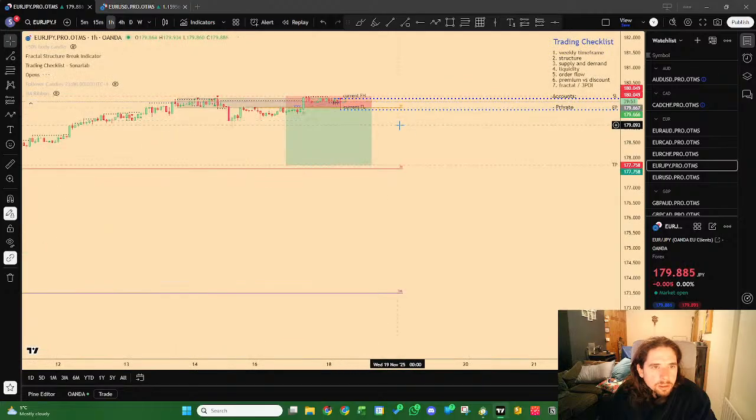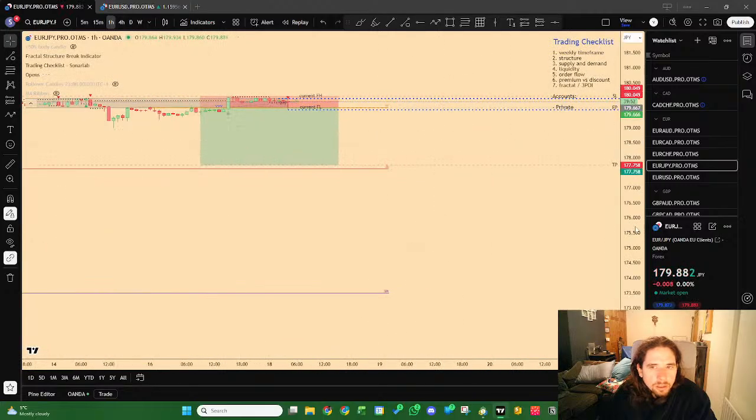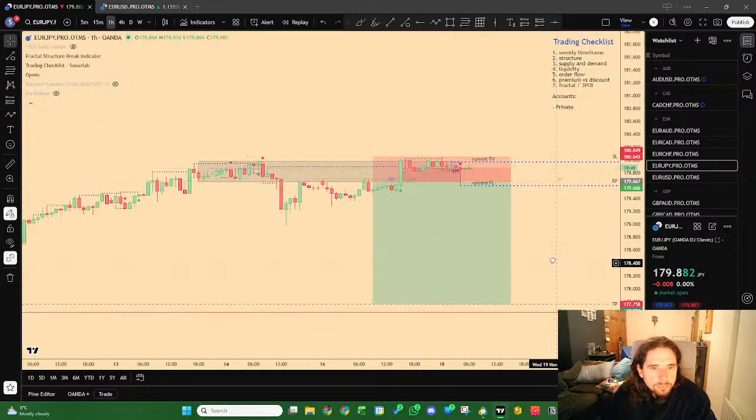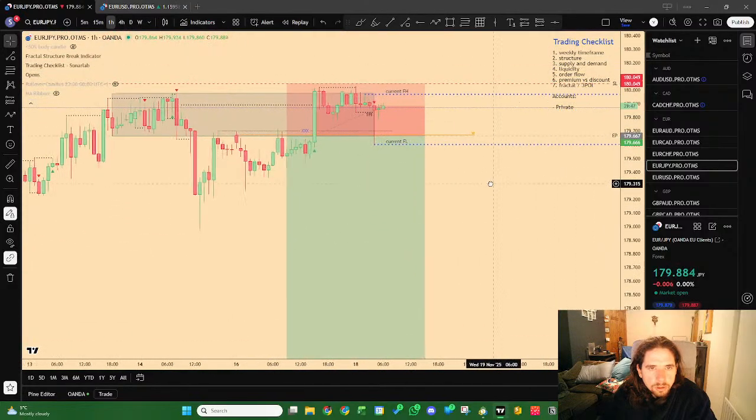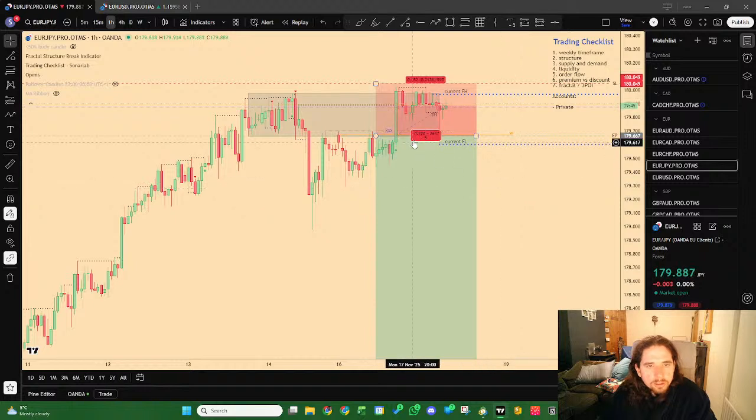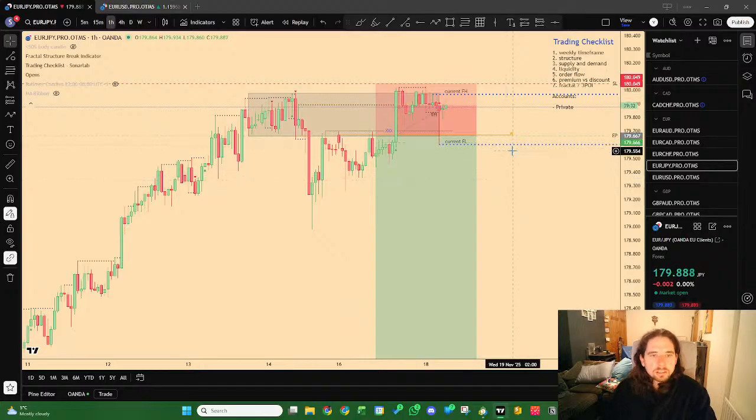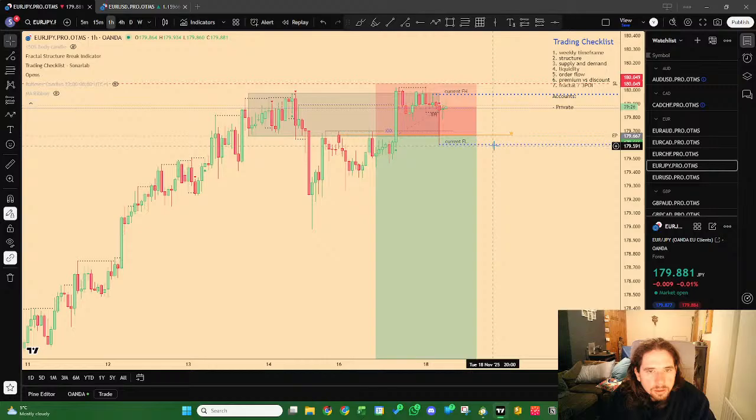So yeah, that's the tricky part. You don't know at what point it's going to actually reverse. We've had a break of structure. You could wait for a second break of structure and see if that works.